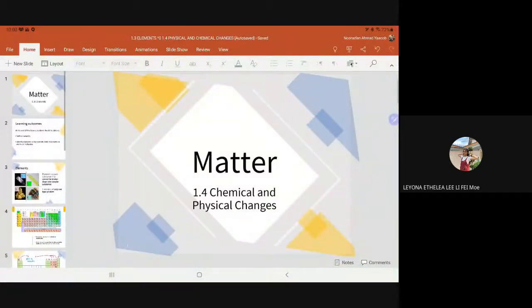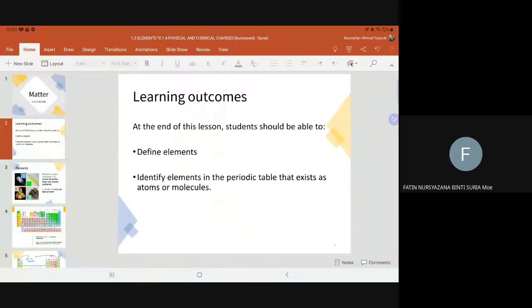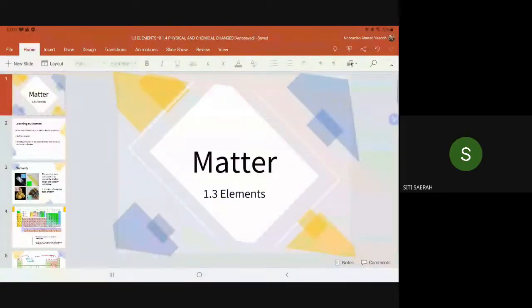Semua boleh dengar saya? Can you hear me? Boleh, sir. Alright. Okay, so semua dah ready ya? So let's continue. So 1.3 elements.